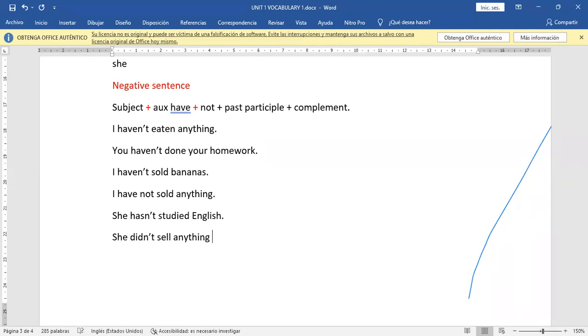She didn't sell anything. This is simple past. Did in the simple past. "No vendió. Ella no vendió nada." She didn't sell anything. This is present perfect.